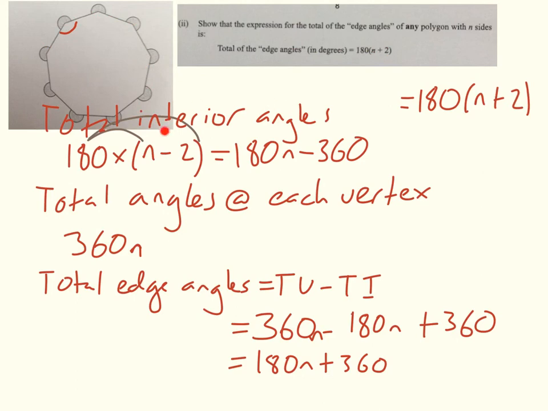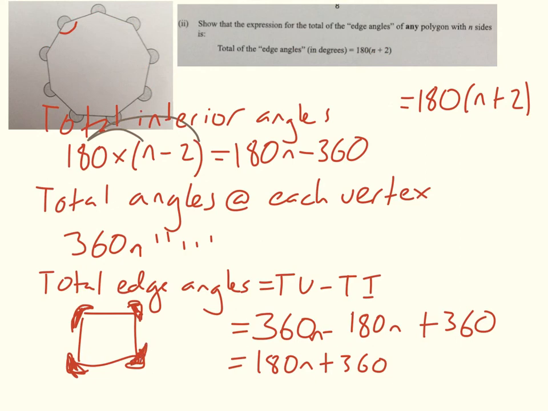So it's actually not too bad. You'd have to work out the total interior angles, and you're going to minus that off the total of all those individual points. So if I had a four-sided shape now, here's my four-sided shape. If I wanted to work out this thing here, that angle plus that angle plus that angle on the outside and plus that angle there, I don't even need to minus the inside angles.